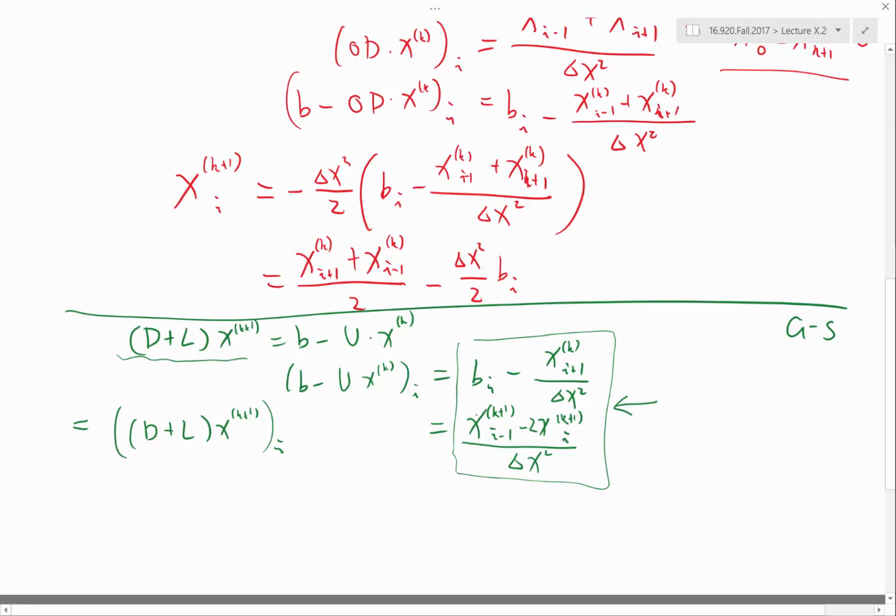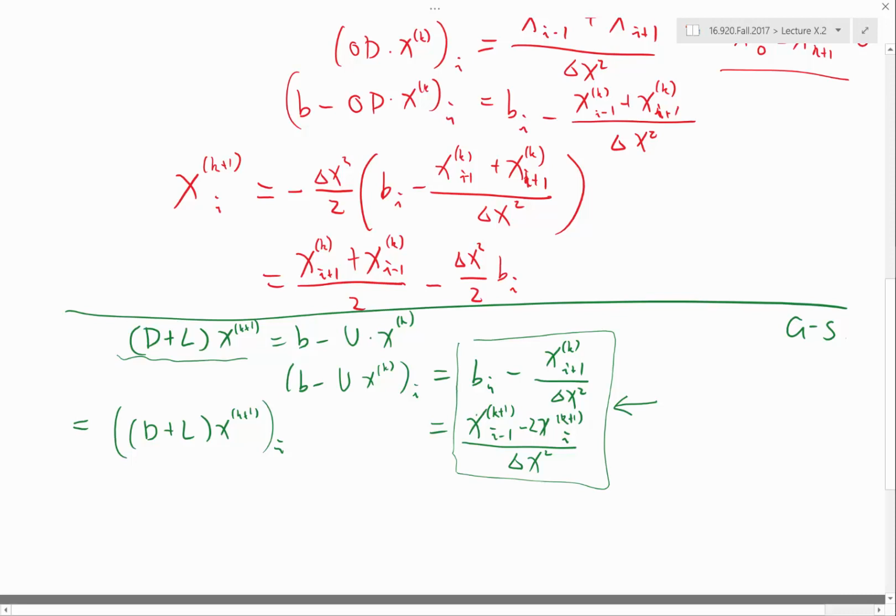So when I equal to 1, I know my x0 at k plus 1, the boundary condition, is equal to 0. So I can just solve for xi at k plus 1 immediately. And then advancing to I equal to 2, I already just computed the value at xi minus 1, which is x1. Then solving for x2 just follows immediately, right?